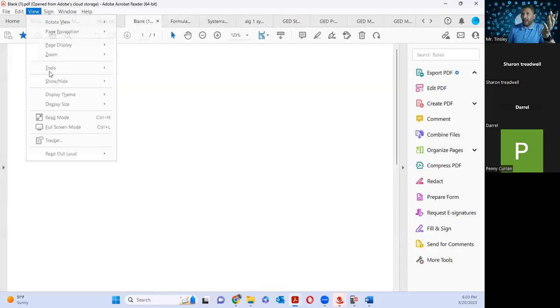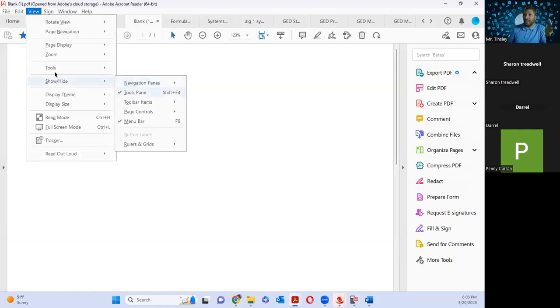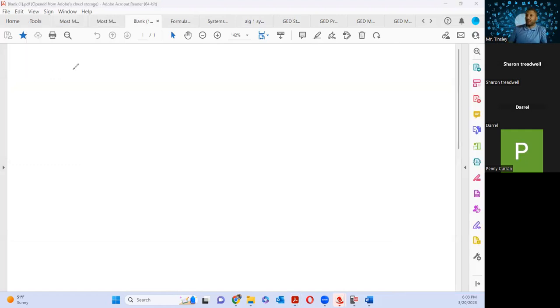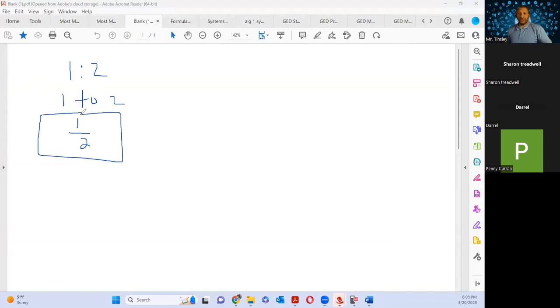A ratio is just a comparison between two numbers. It could be written with a colon, with the word "to", or as a fraction. Because we have to do computations with it, we want to change ratios to fractions.